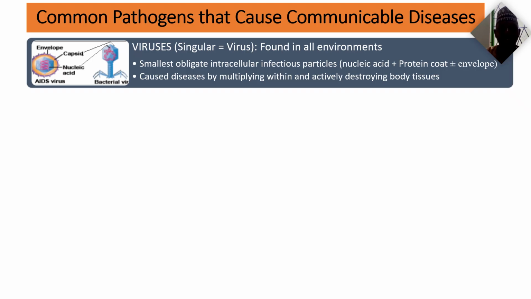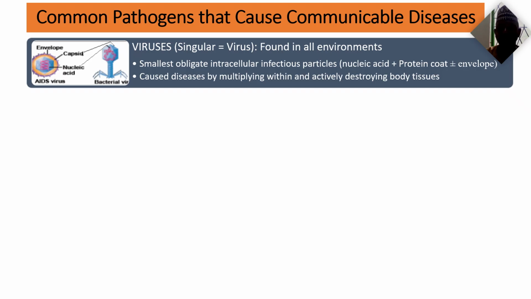infectious agents. And they are generally made up of a nucleic acid that is surrounded by a protein coat which is called a capsid, either plus another layer surrounding the protein which is called an envelope, or in the case of some viruses the envelope may be absent.